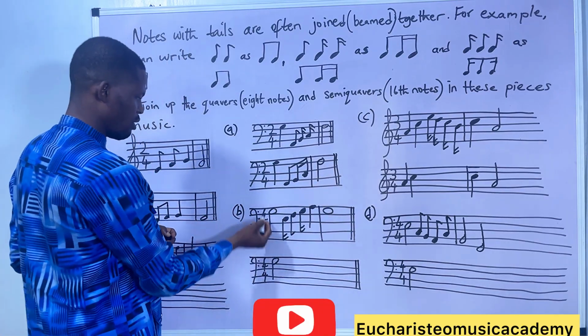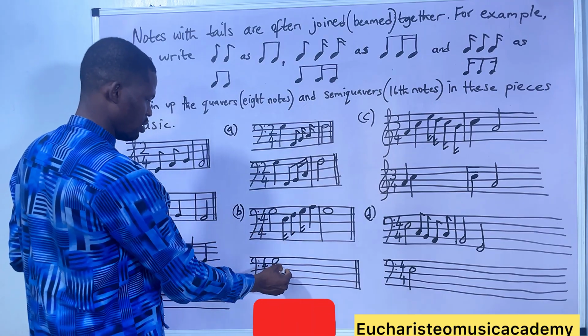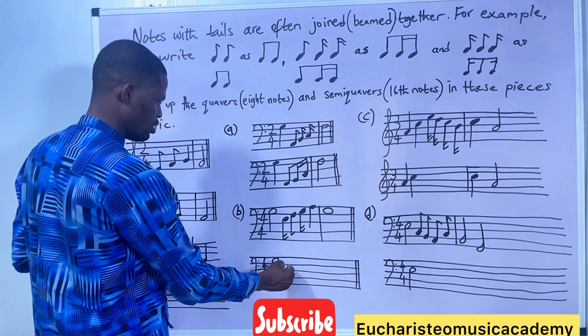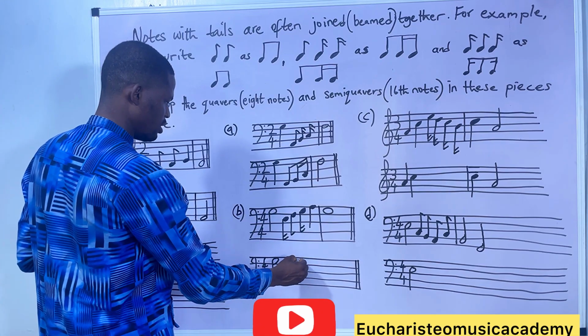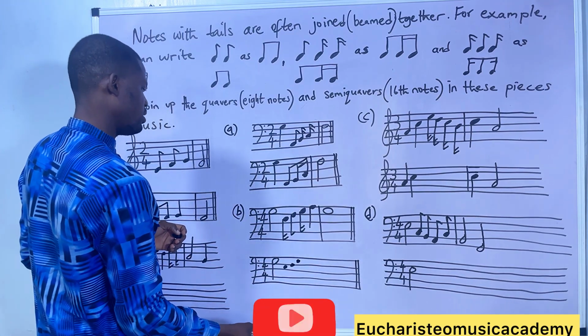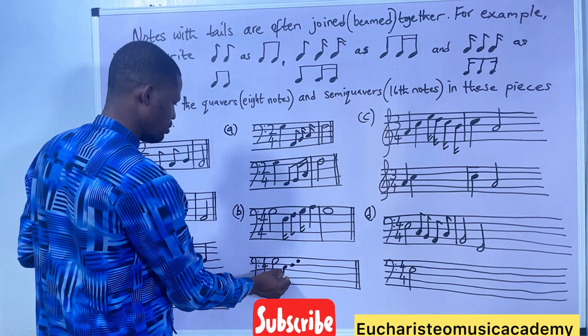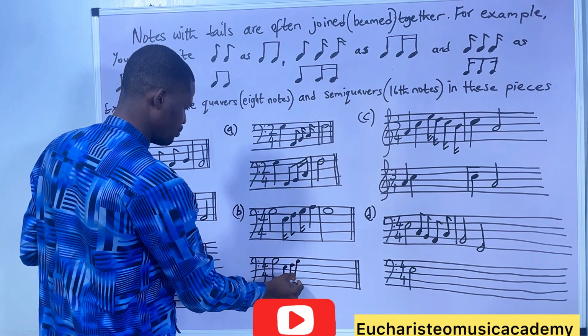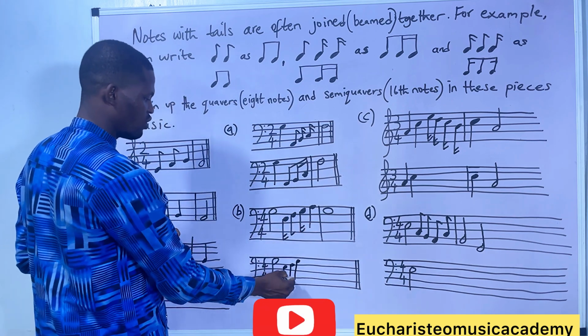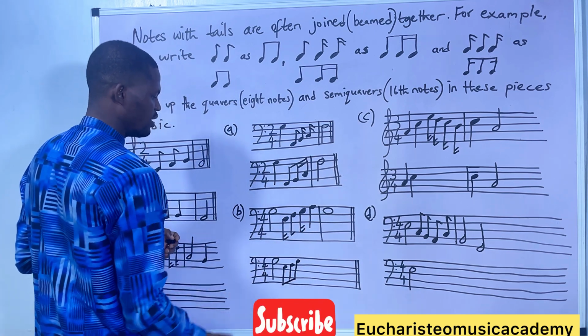B. Our time signature is there. Okay, this one first put the space, line, and space. Am I correct? Yes. Draw them down, draw them down, draw them down. One tail is common among the two of them. Then one tail first.